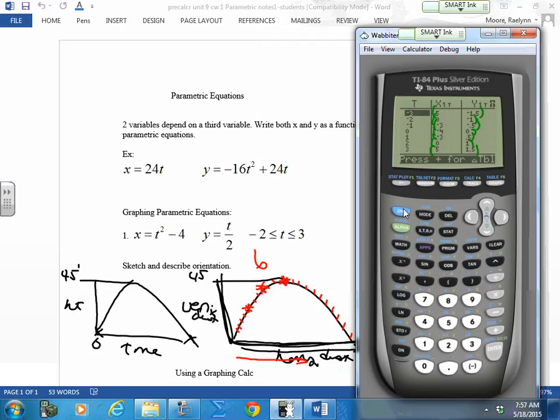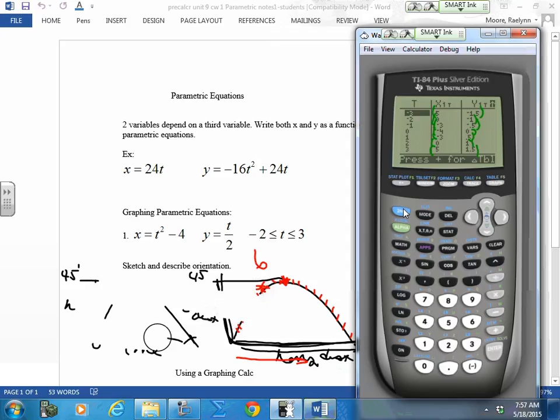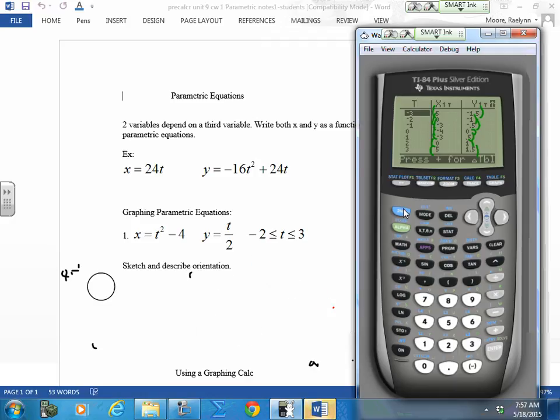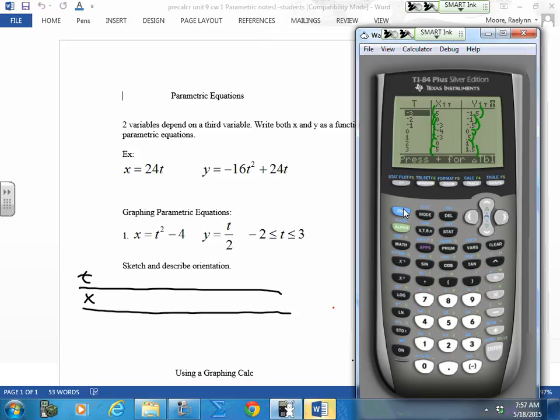So if we take this, and if we put this in your table, let's make a little table so that you can kind of see it all. Once we do something that's a little bit more recognizable, it'll probably make more sense. But let's take your table. Here's your T, here's your X, here's your Y. We're going to just use this domain.